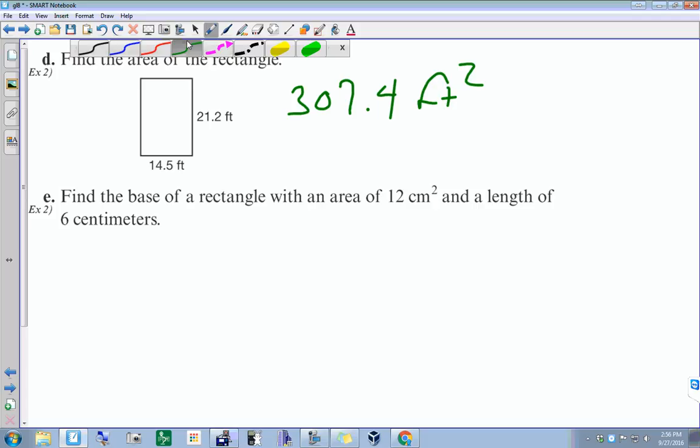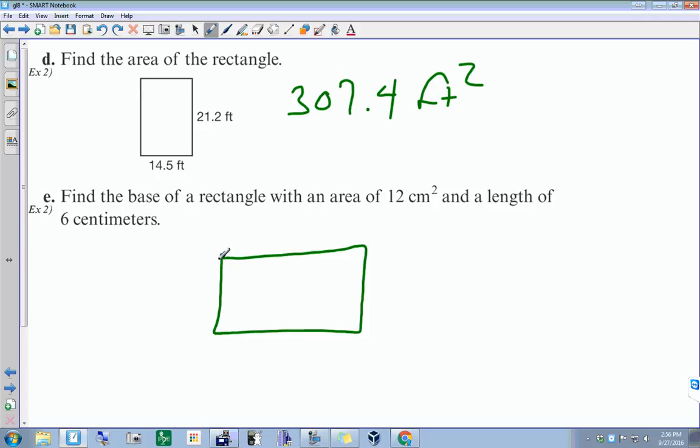Okay. So, I've got the base of a rectangle, right? So I know that it's going to be something that looks like that, right? It says the length is 6 centimeters, so I could put 6 here, right? What I'm really worried about is what goes over here, because I know the area is 12.